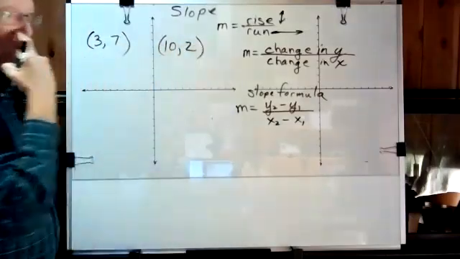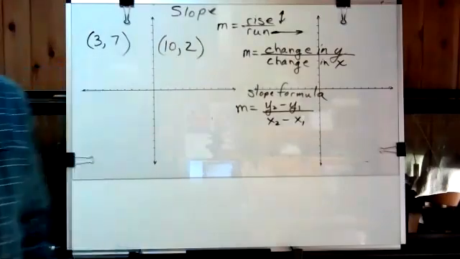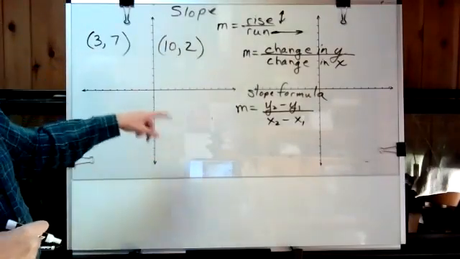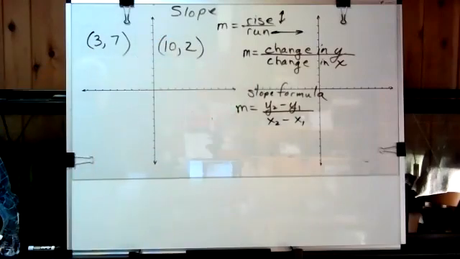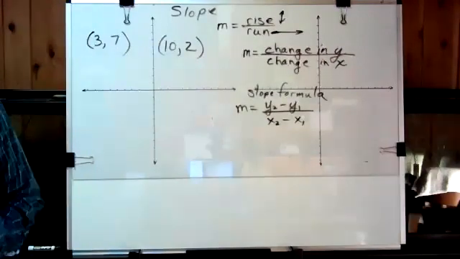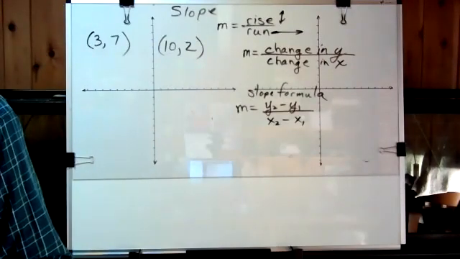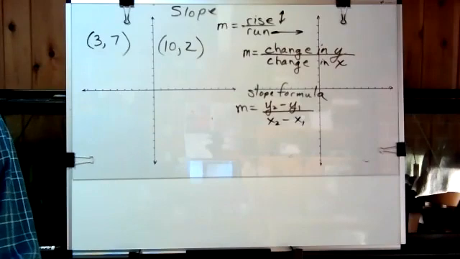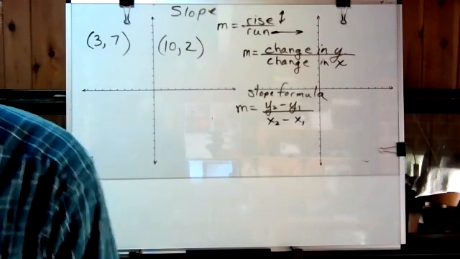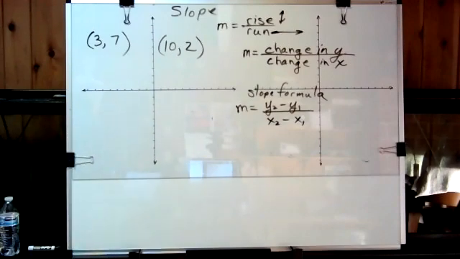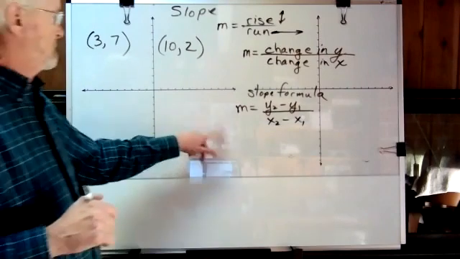All right, here are 2 points. Can you set that one up and do it? The point (3, 7) and the point (10, 2). Can you plug those values into our slope formula and come up with the slope of this line? I haven't done this one. I just made up a couple numbers.